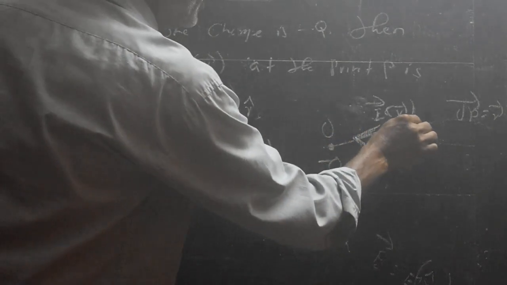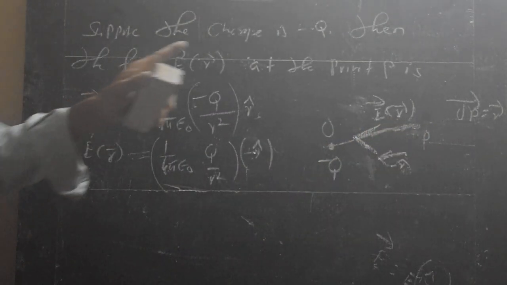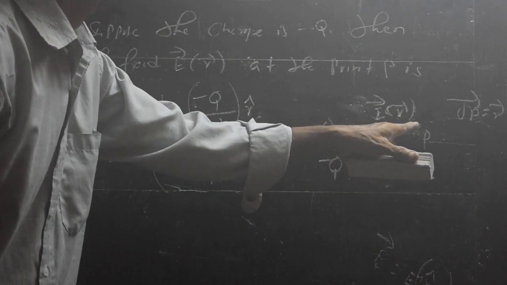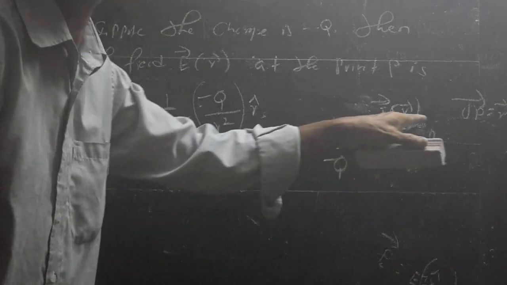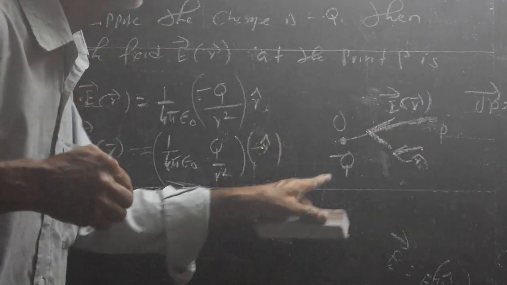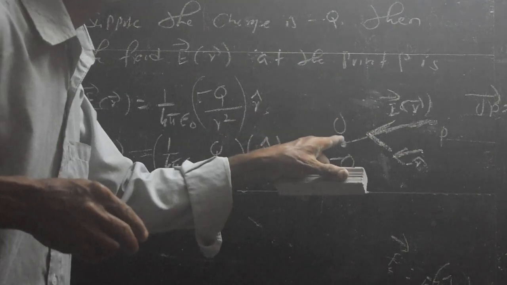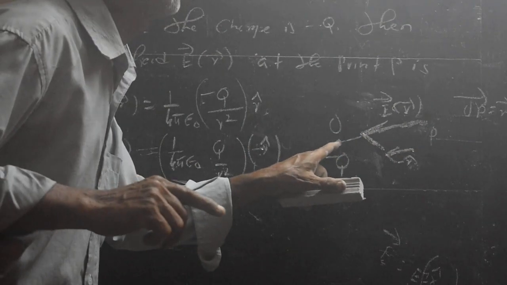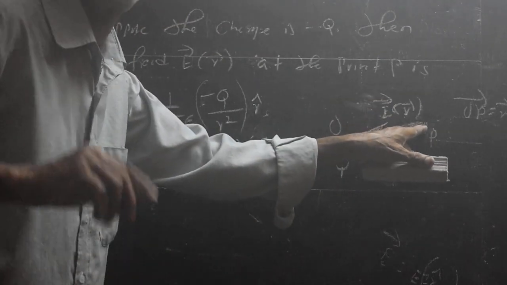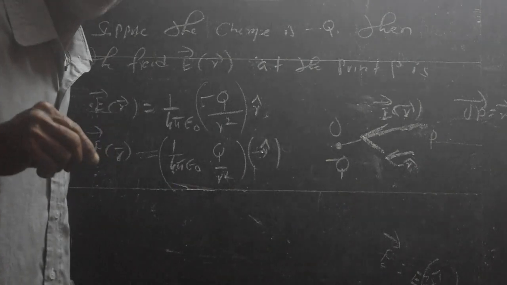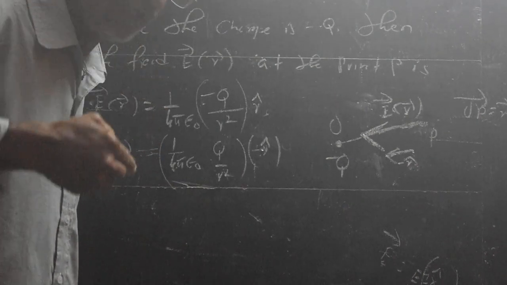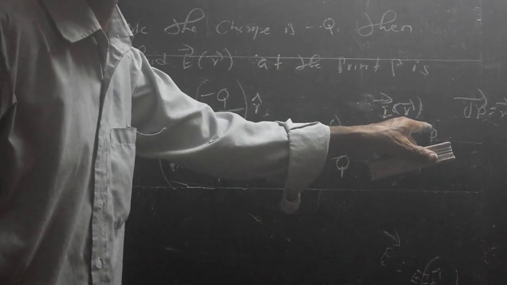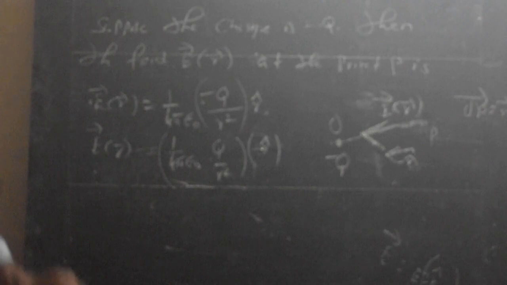Radially means along the line joining the charge and the point. So the electric field is radially inwards.